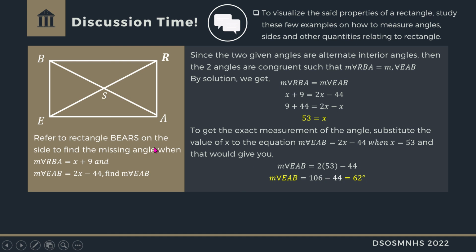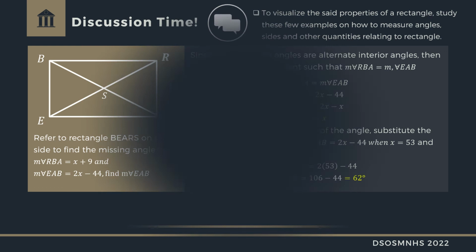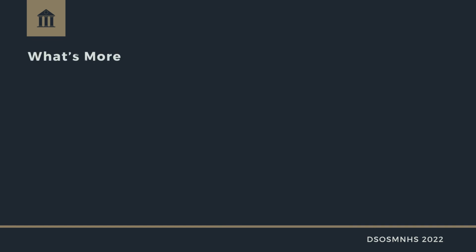So if angle EAB is 62 degrees, angle RBA is also 62 degrees. Given x plus 9 for angle RBA when x is 53, 53 plus 9 is 62 degrees. Okay, so that ends our examples for rectangle.